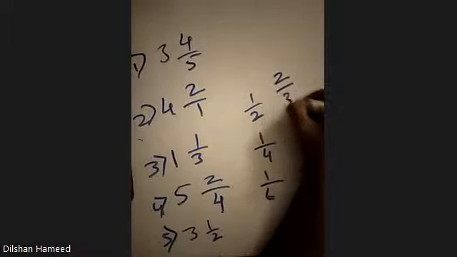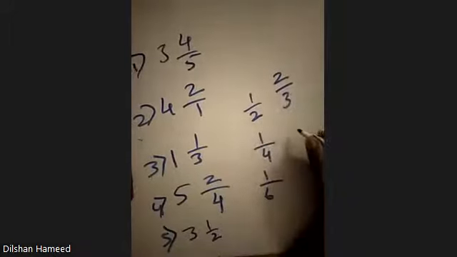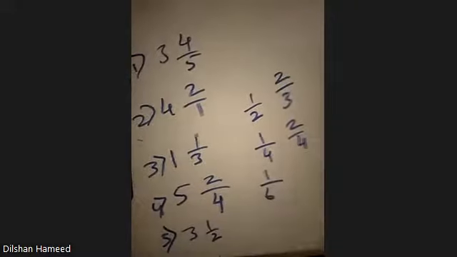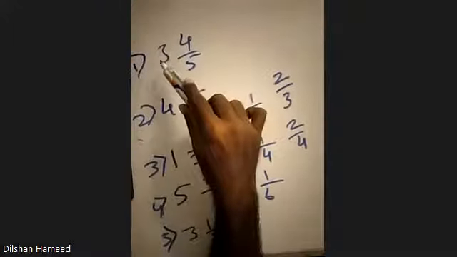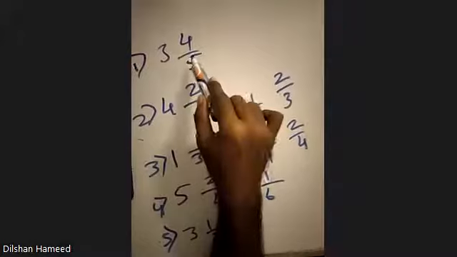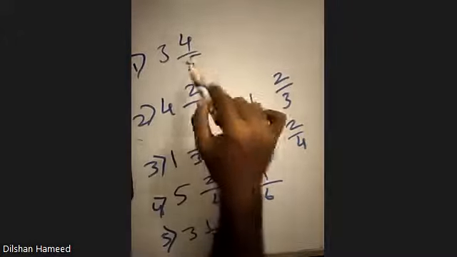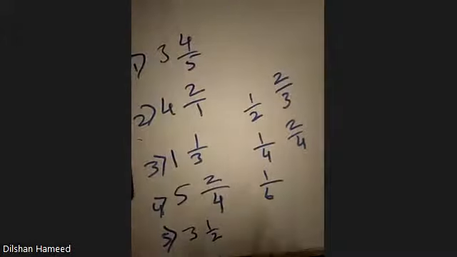And this one you say 2/3, okay, 2/4, you can use that word. For 3, 4 upon 5, you can say 4/5. So for these parts, half, quarter, 2/3, 2/4, you just say it that way.